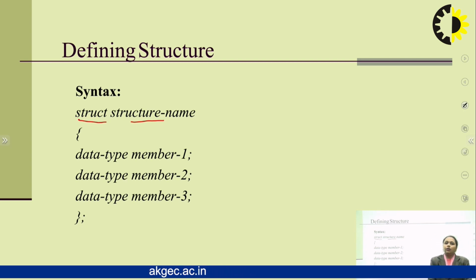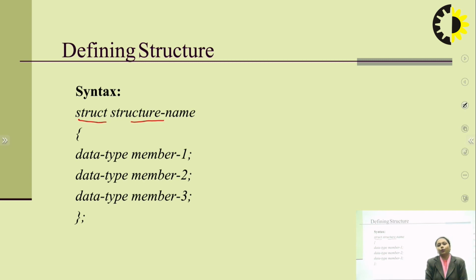It is the user's choice. If he wants to write the tag name, he can write it, otherwise he can skip it. The tag name helps to distinguish between multiple structures created within a program. So if a program contains multiple structures, it is better to define the tag name. So we will go with the tag name only for this lecture.